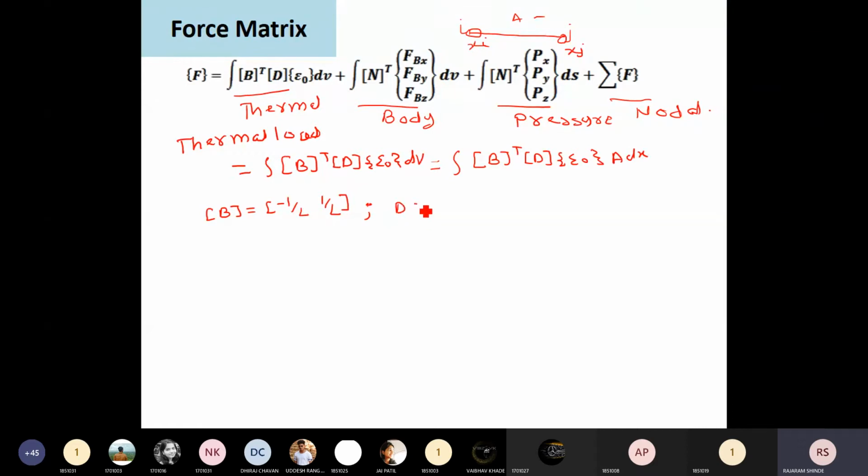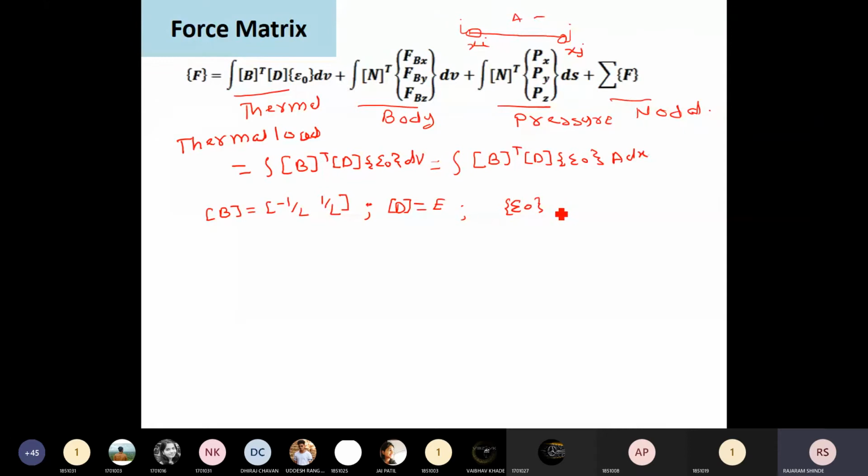D matrix is the modulus of elasticity E. Have you done it? Any doubt in this B and D? Same thing we have to repeat here. Now next one, epsilon 0. Already I have told you, for thermal strain in the case of a one dimensional element, there is strain only in one direction. For two dimensional there are two components.